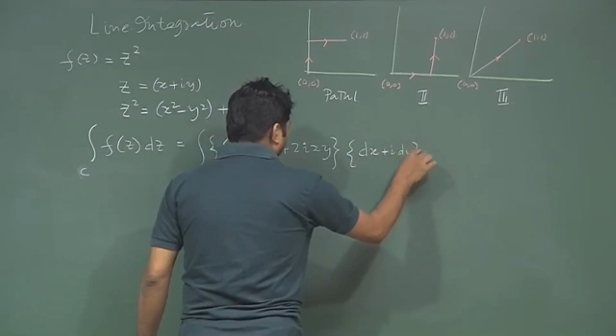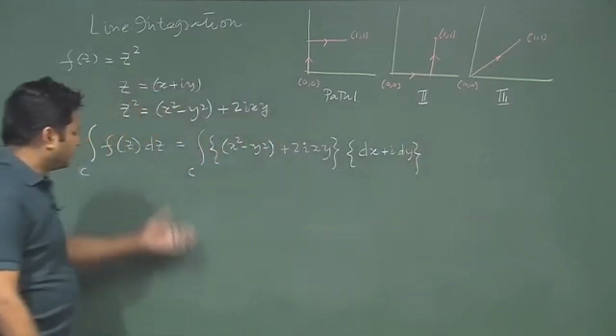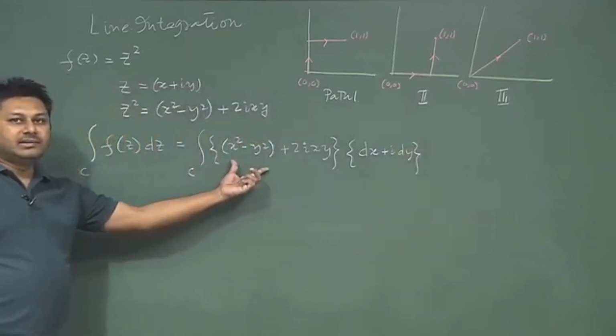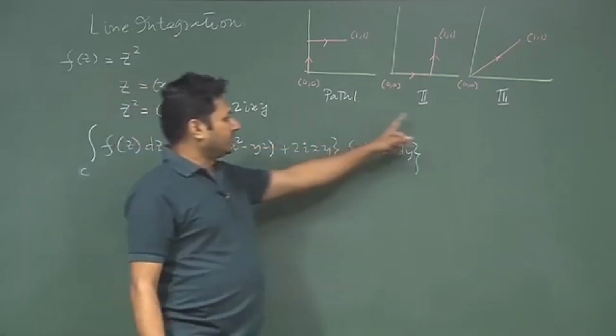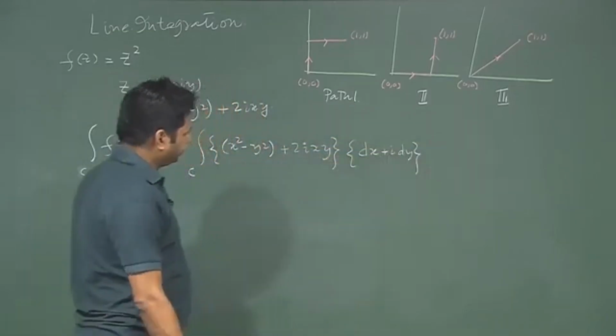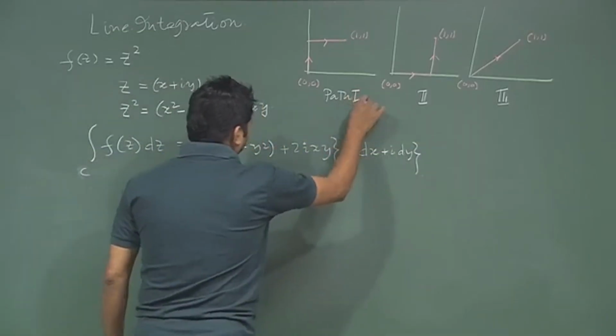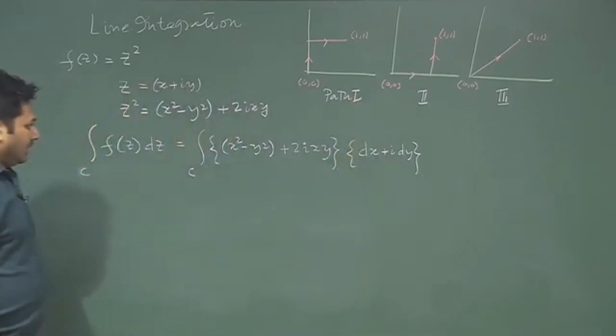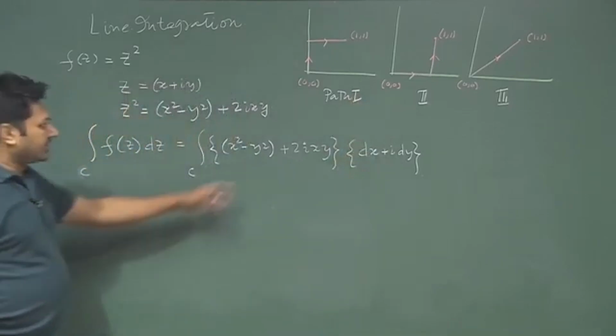This is the complete form of the integration. I need to evaluate this for these three paths 1, 2 and 3. This is path 1. So, now let us start with path 1.